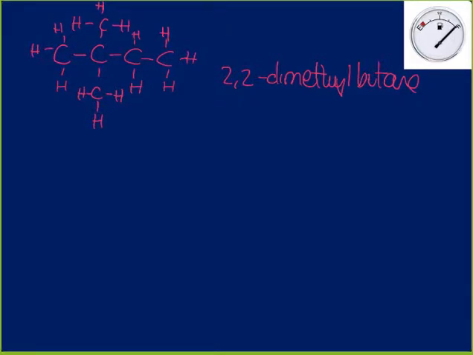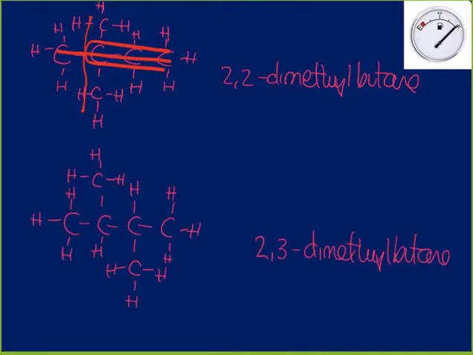So again, this could be 4, this could be 4, or this could be 4. So just be careful when you're drawing. I think that was it, and you could have gone with 2,3-dimethylbutane.